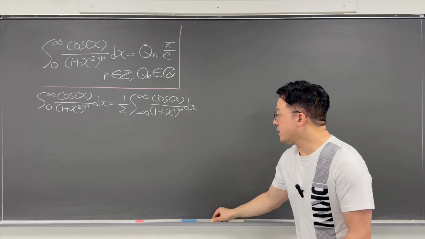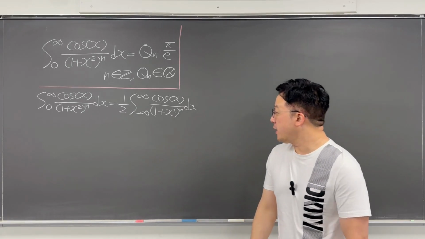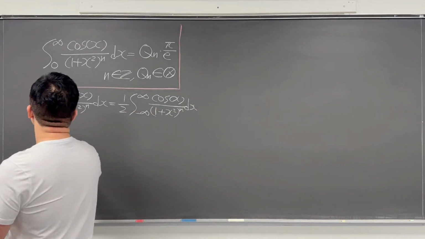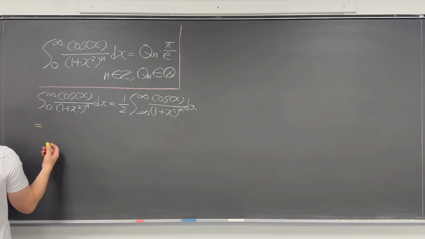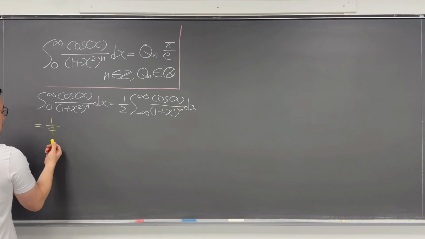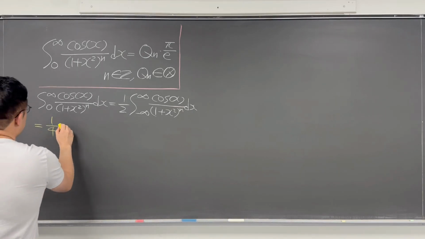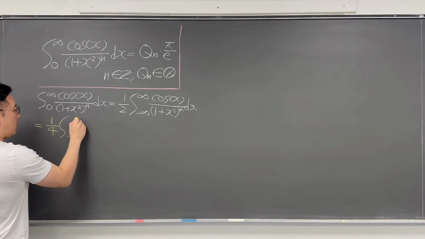Then let me rewrite this again because we're using complex analysis, right? So that's why this is the same as 1 over 4 times the integral from negative infinity to positive infinity.